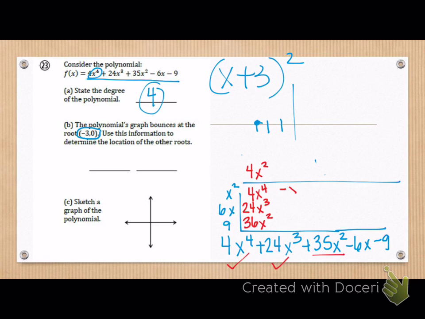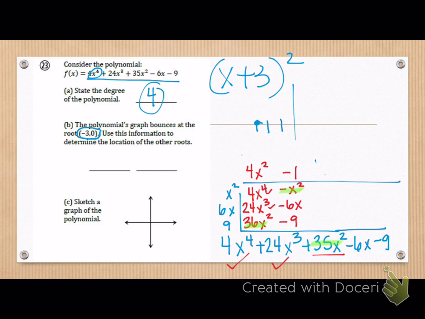So I'm going to just do a -x squared. This one and this one are fine, but I need these two guys here to combine to give me this one here. So I would need a -1 to make that happen. And then I would also have a -9.